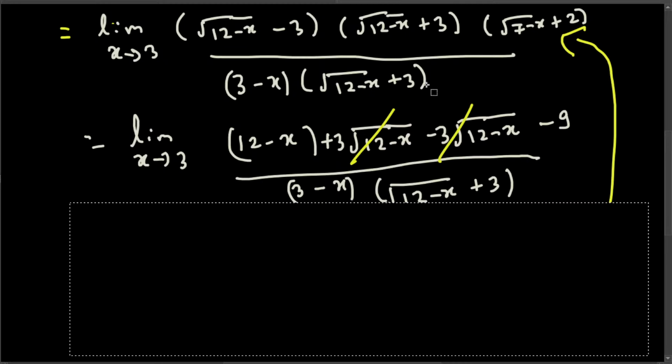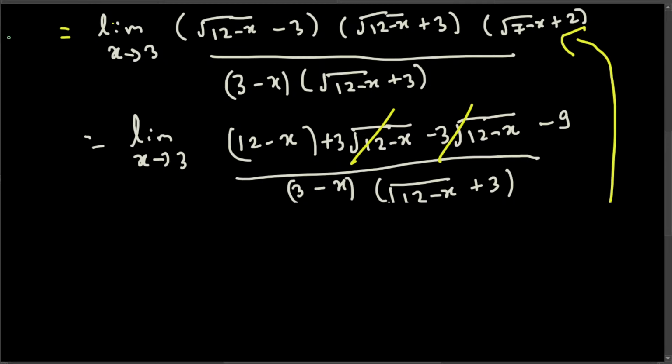Okay, let's go ahead and continue. So this is going to be what? Limit x approaches 3. 12 minus x remains the same, 12 minus x and then minus 9. We can just put minus 9 because it doesn't affect anything even if you're in the bracket.